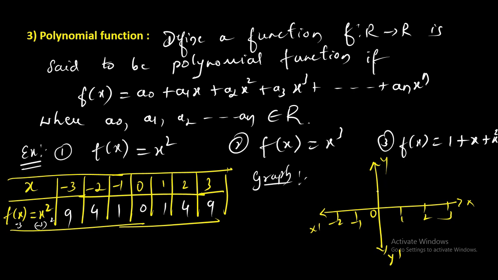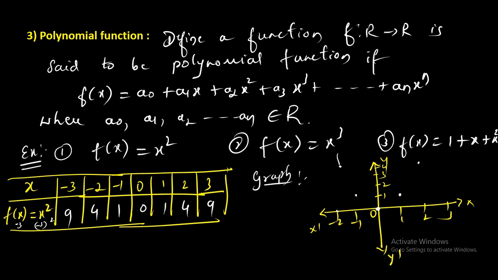On y-axis write 1, 2, 3, 4 and so on. Here for 0, 0 only. For 1, 1 we get. For 2, 4 we get. For 3, 9, that is there, but I am not representing it. -1, 1 we get. -1 the whole square is 1, that's why. -2 the whole square is 4, so 4 we get.